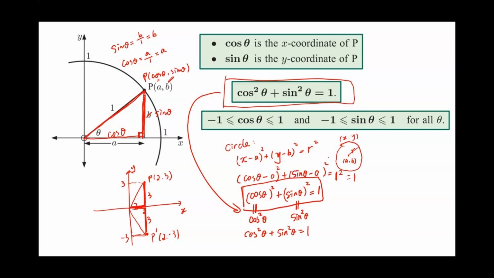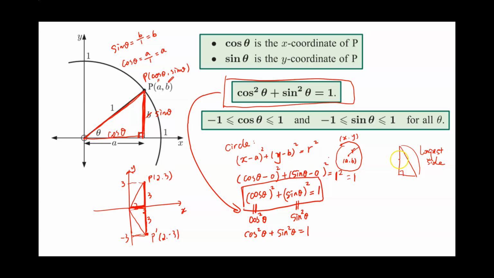Another thing I want you to pay attention to is that the hypotenuse is 1. In any right angle triangle, the hypotenuse is always the longest side.